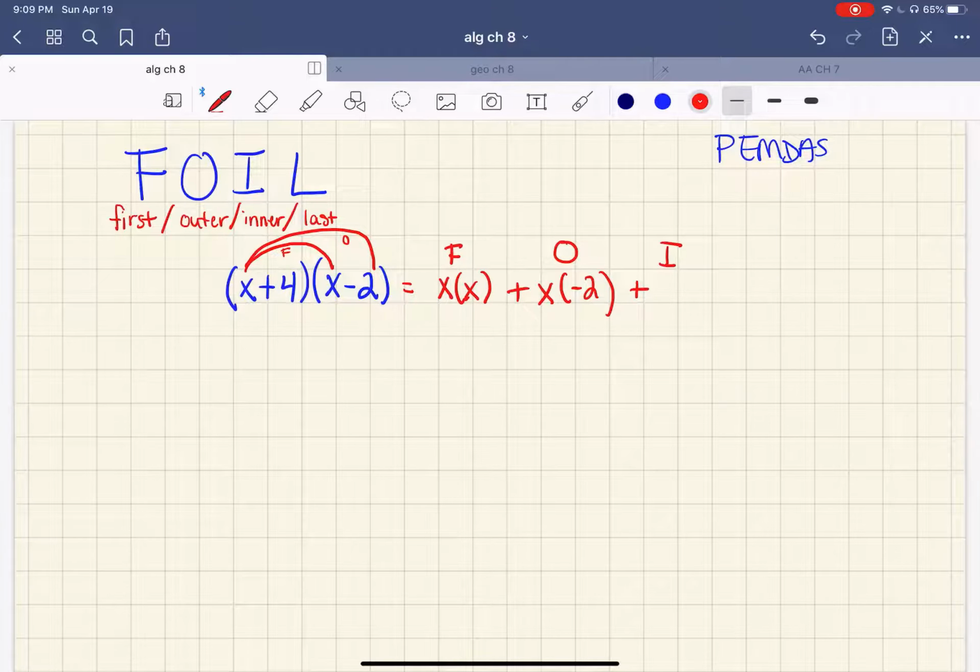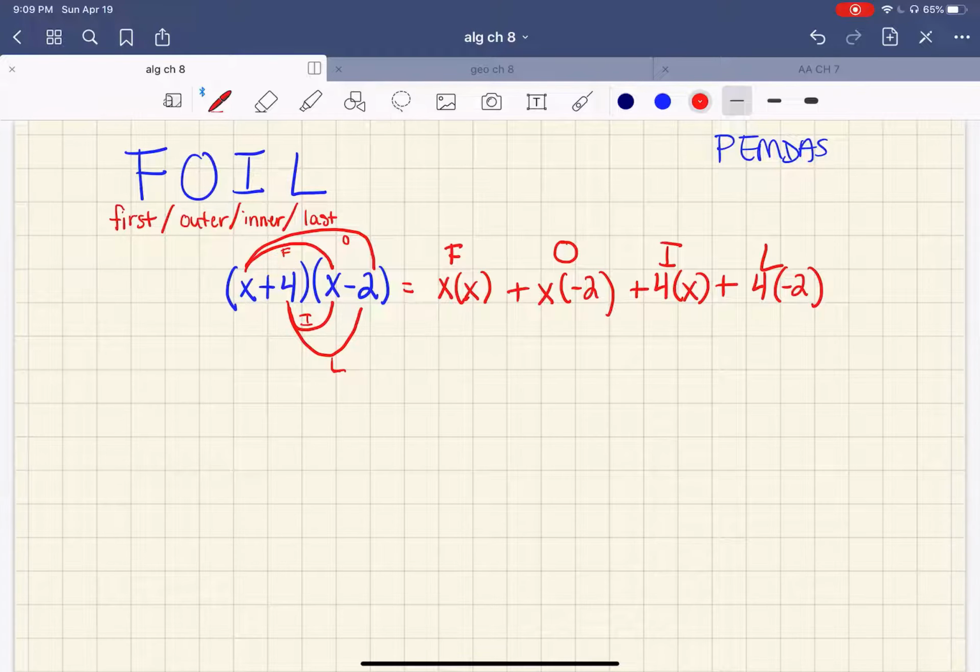I for inner, just like the last two that we were talking about were outer because they're on the ends. Inner, they are in the middle, okay? So we're going to look at the two that are in the middle. Inner, so 4 times x, plus, all right, the last one's just the opposite of the first, okay? These are going to be 4 and negative 2. And that's FOIL.